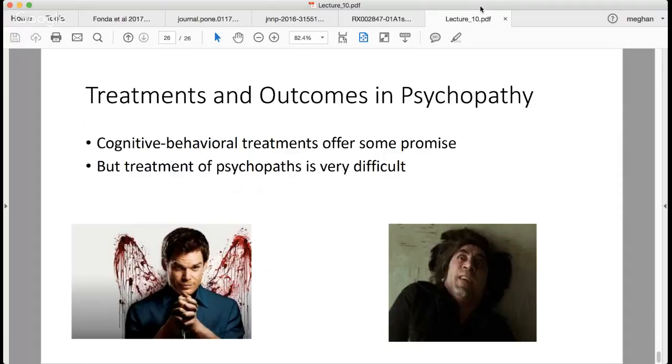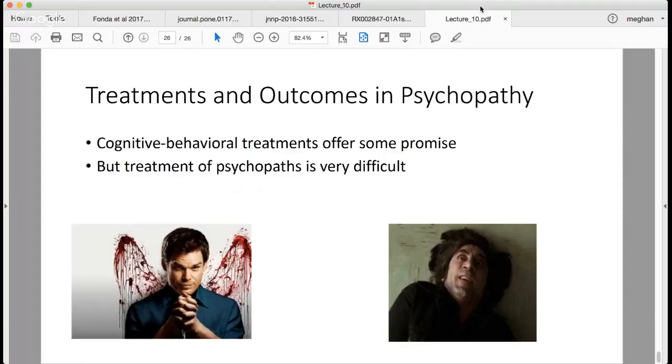Especially successful psychopaths, which are those who are more fearless dominant, don't really have many problems getting what they want and surviving. Impulsive antisocial individuals do have more problems in those domains and may seek treatment for other types of things.